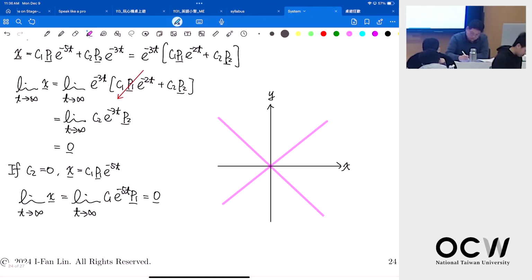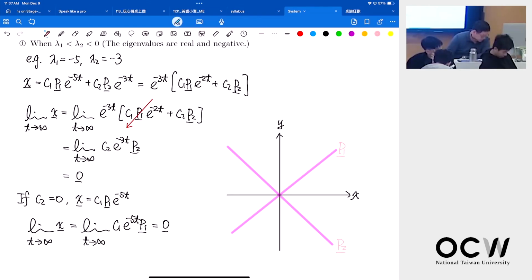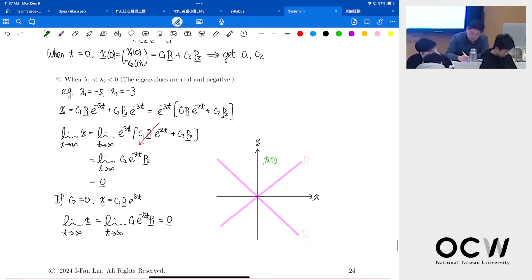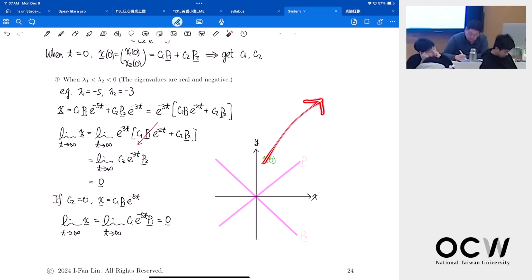Suppose I have an initial value here, x of 0. How do they go? They'll go up or go where? Because we know that when t goes to infinity, they will go to 0. So they will go to 0.